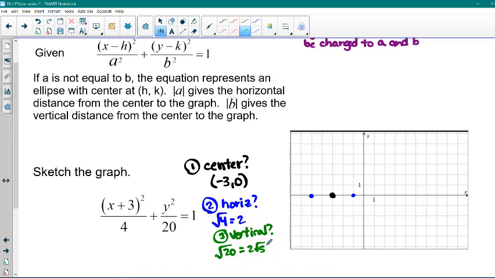Now, when we are going to sketch this graph, we would like to have a decimal approximation for that. So that's going to be about 4 and a little bit more, maybe 4.3 or 4.4. So I'm going to go up 1, 2, 3, 4, and a little bit more, and down 1, 2, 3, 4, and a little bit more. And we're ready to sketch in our ellipse.